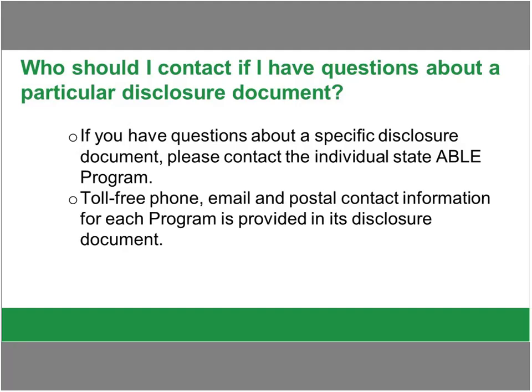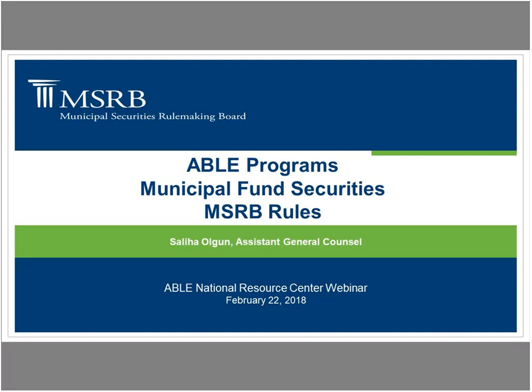You can always request disclosure documents in print, I would think, but that's another question you can ask each individual program if you feel compelled to do so. These are going to be very specific questions, which is why we recommend that you contact that specific state.